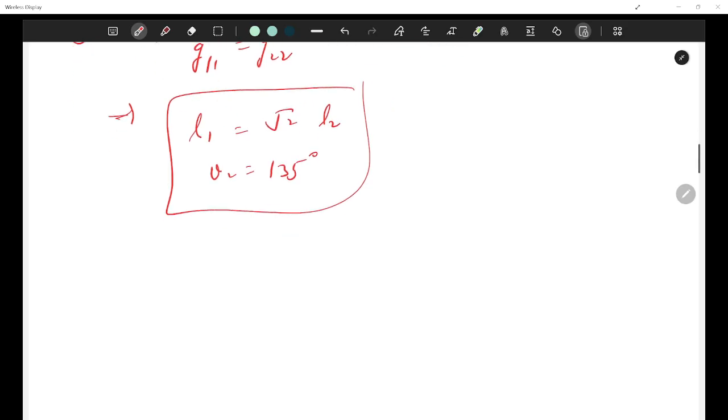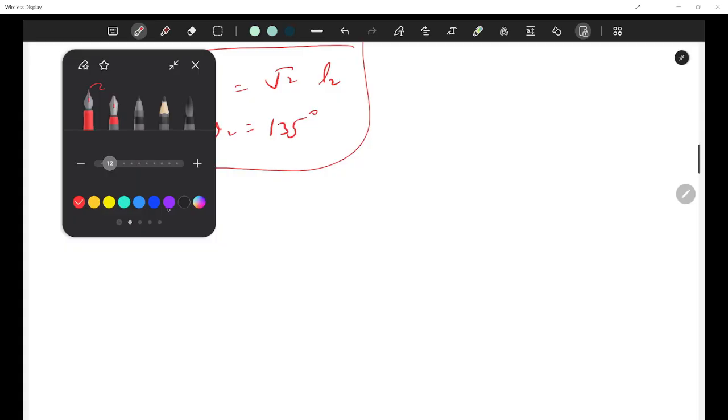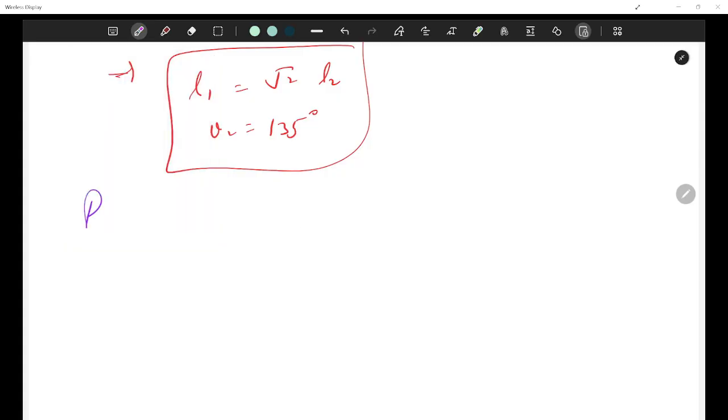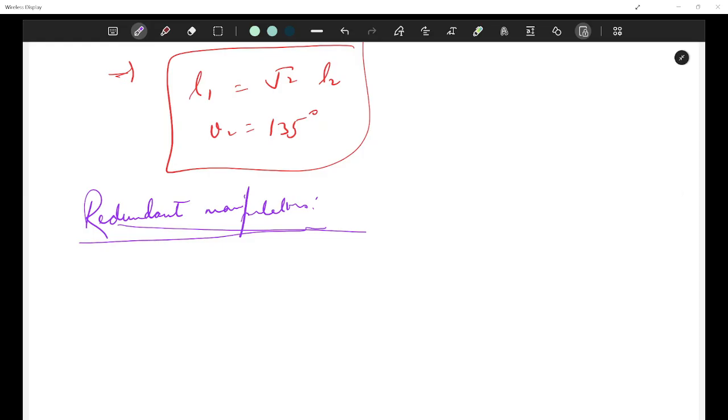Then there are redundant manipulators. When is a manipulator called redundant?